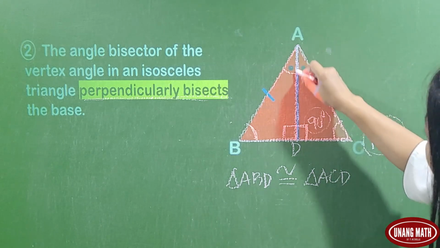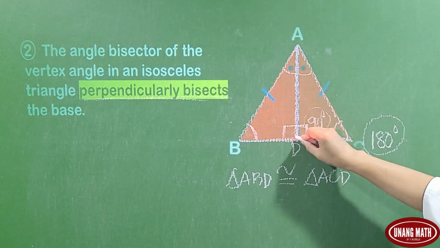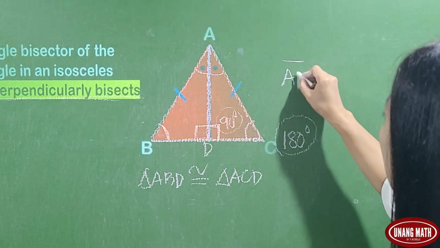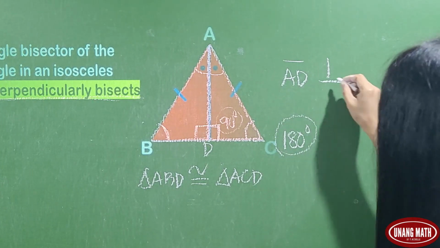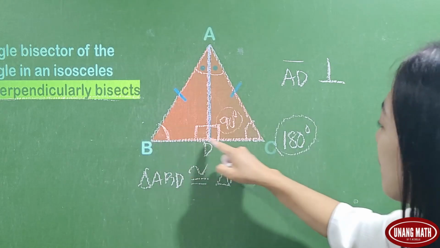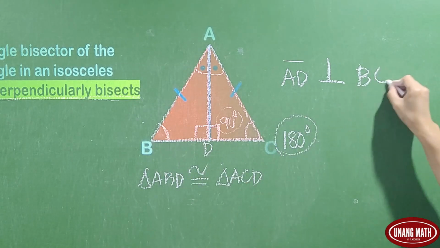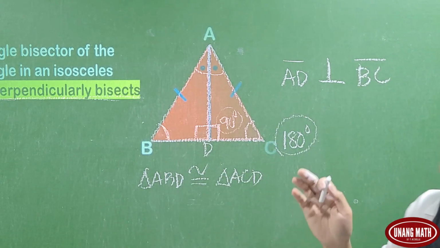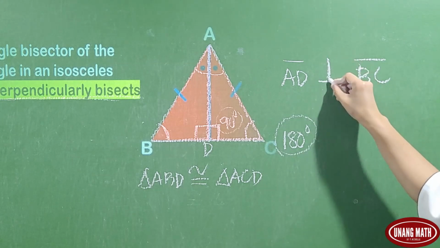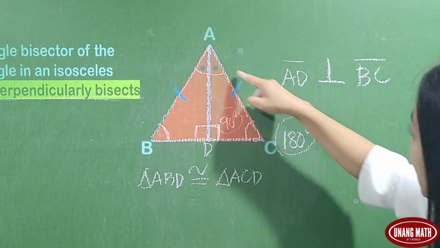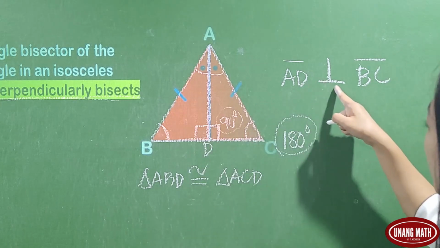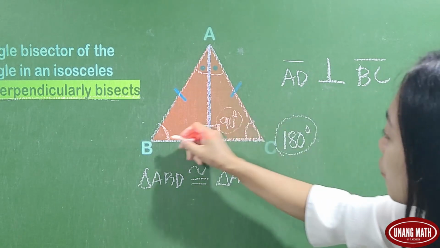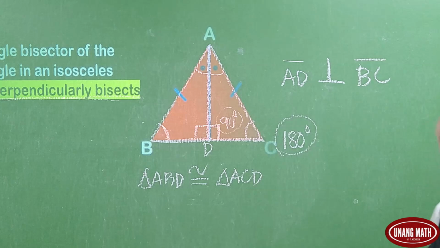Okay, so we can say that this line AD or segment AD is perpendicular to segment BC. Okay, the symbol for perpendicularity is this symbol. So we read this one as segment AD is perpendicular to segment BC.